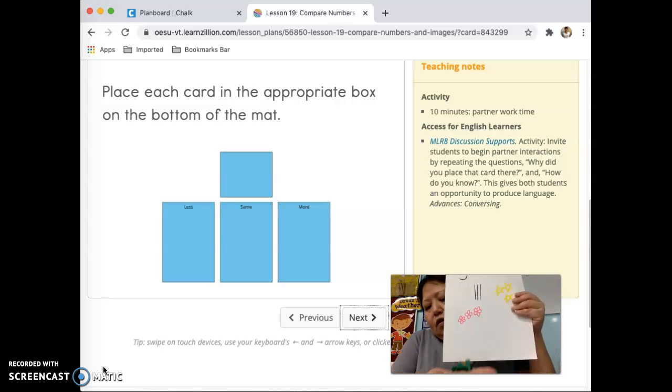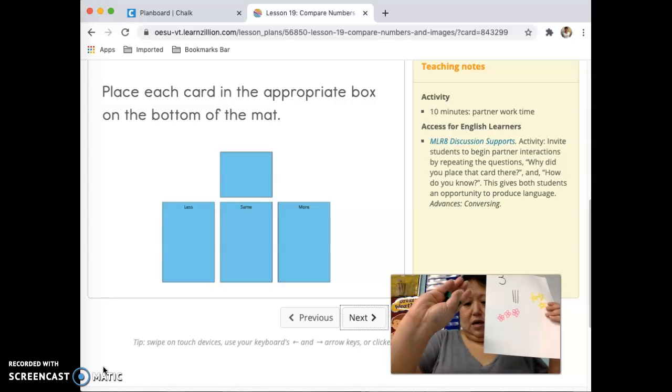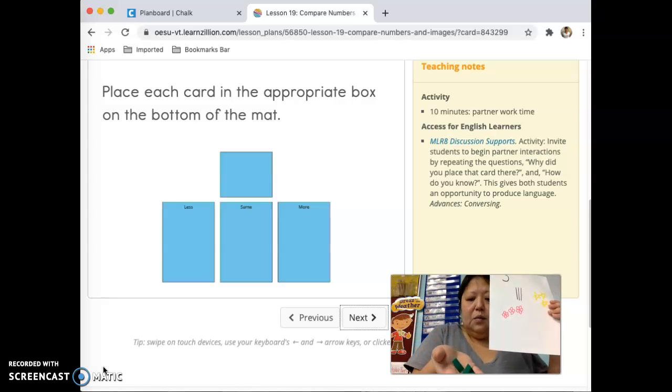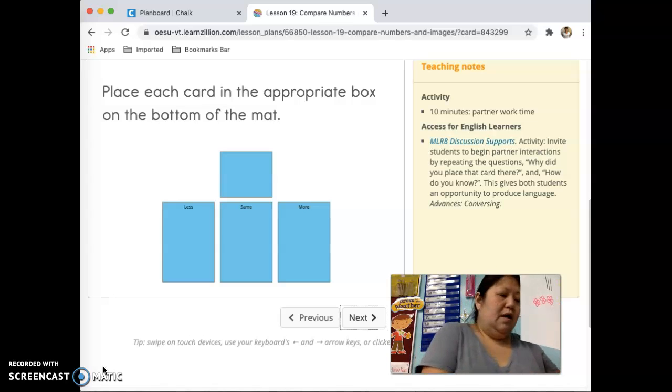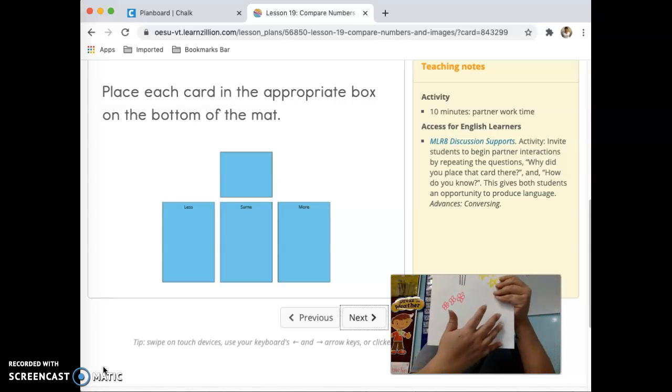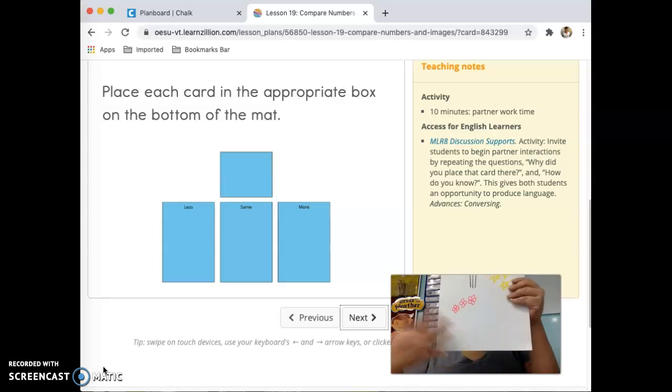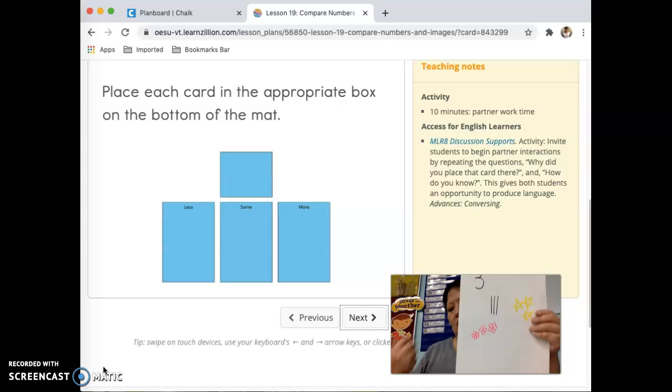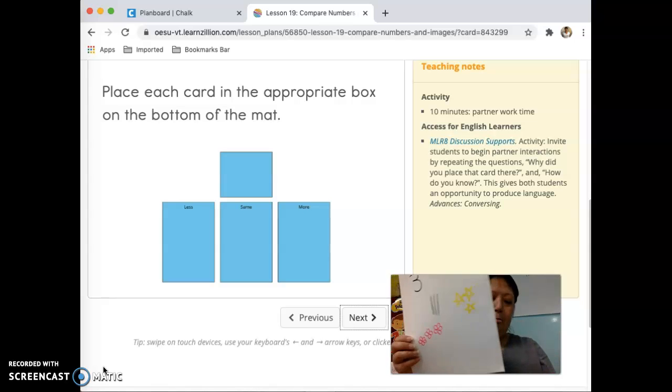Okay, I might put 3 cubes on here. But somehow or another, you want to fill in all of this space to show all the different ways that you know how to make your number. And like I said, you can pick any number between 1 and 10. Everyone got to pick a number today.